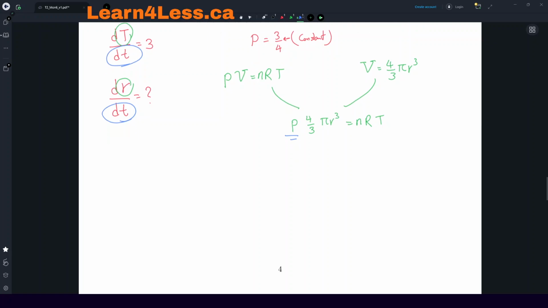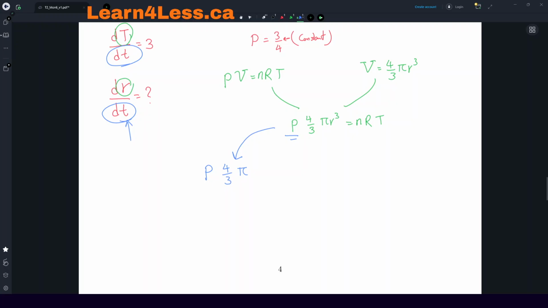So when I take the derivative of this one, P is a constant, it stays there. 4/3 is a constant. Pi is a constant, so all of them stay there. And I only take the derivative of r cubed. And what is the derivative of r cubed? Do not forget that you are taking the derivative with respect to time, little t here.